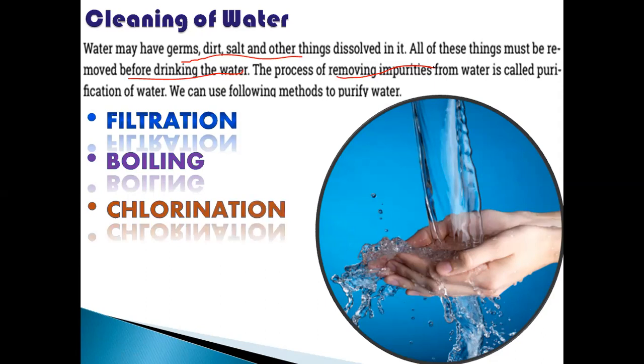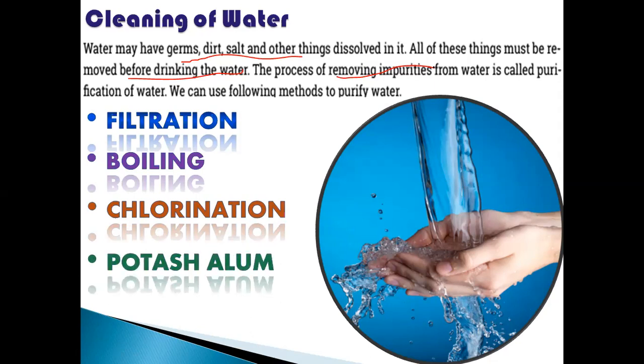The third one is chlorination. And what is chlorination? We will see in a couple of minutes. And then we will see using of potash alum. Potash alum is maybe the new name for you, but we will see it in a few minutes. And then we will see distillation process. You have studied in grade 6 also, but we will see here some more detail.